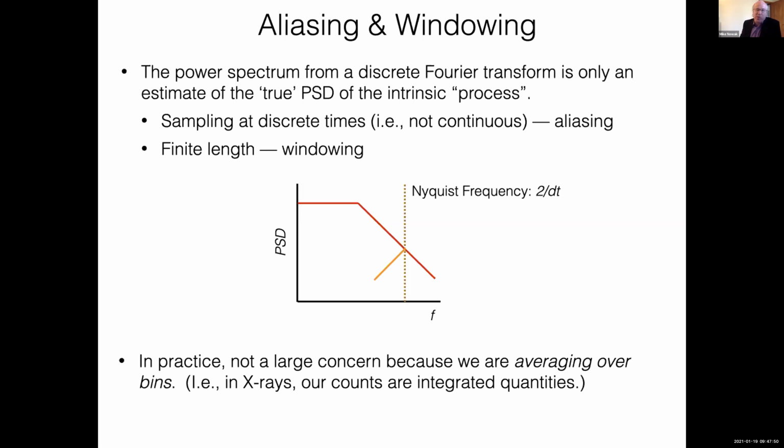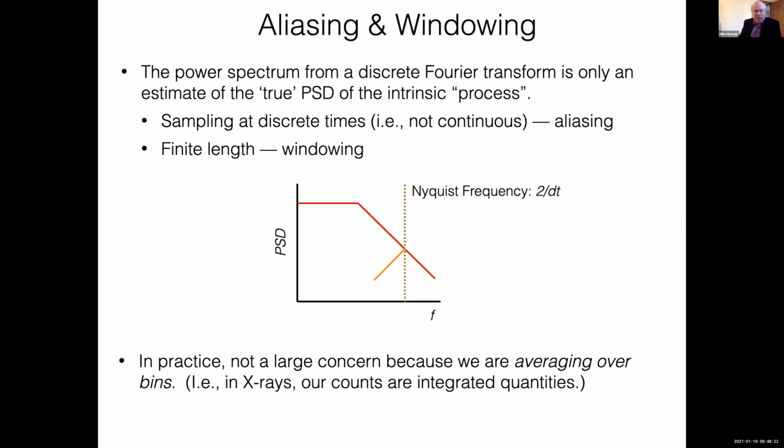Now, the maximum frequency we can go to in a discrete Fourier transform is called the Nyquist frequency. It's equal to 2 divided by the shortest time bin that we have. But there can be power at higher frequencies that you're not measuring beyond this Nyquist frequency. If I'm doing discrete samplings of a continuous light curve, that higher frequency power gets folded back into the power spectrum. I measure it at lower frequencies.